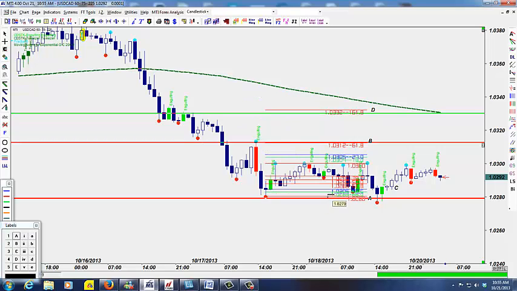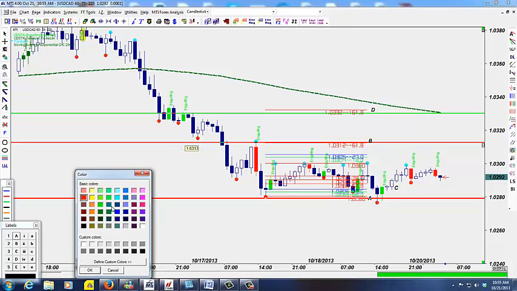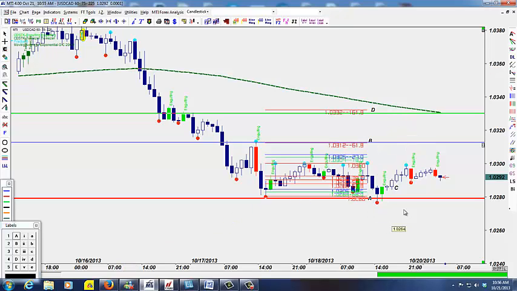Here's A. And we'll just be able to edit this, make that the right color. Powder blue. There you go. So we have our ABCD on our 1 hour chart on the USD-CAD chart. We're not in the trade yet.